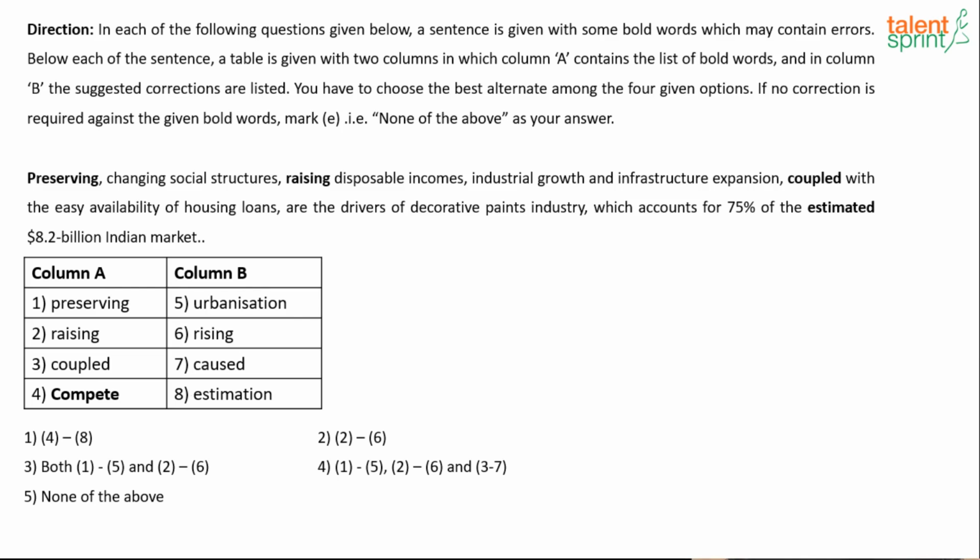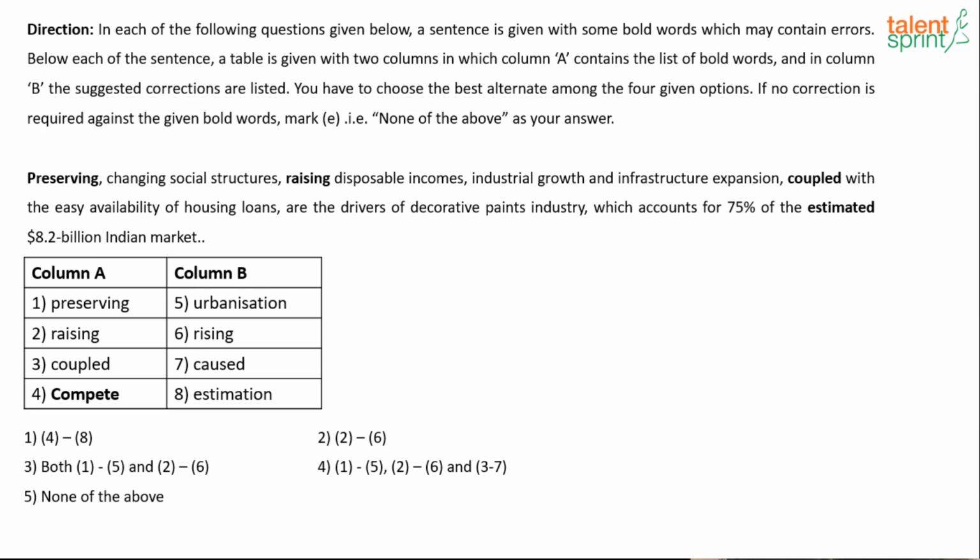Preserving changing social structures, raising disposable incomes, industrial growth and infrastructure expansion coupled with the easy availability of housing loans are the drivers of decorative paints industry, which accounts for 75% of the estimated $8.2 billion Indian market.